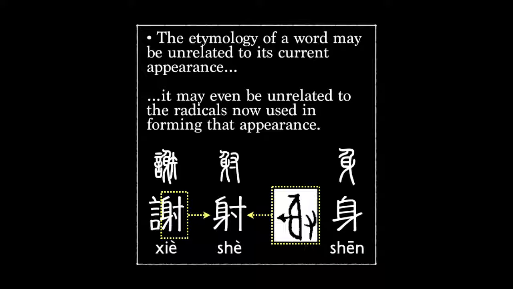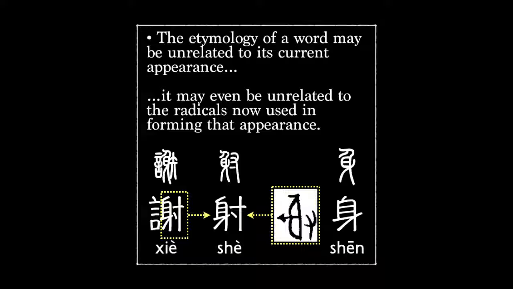The next character to the right is the phonetic loan particle used in writing the word for thank you, and it means to shoot, as in to fire an arrow. And then moving a stage further to the right, you see the ancient pictograph when that character actually looked like a hand, a human hand, reaching out for or using a bow and arrow.